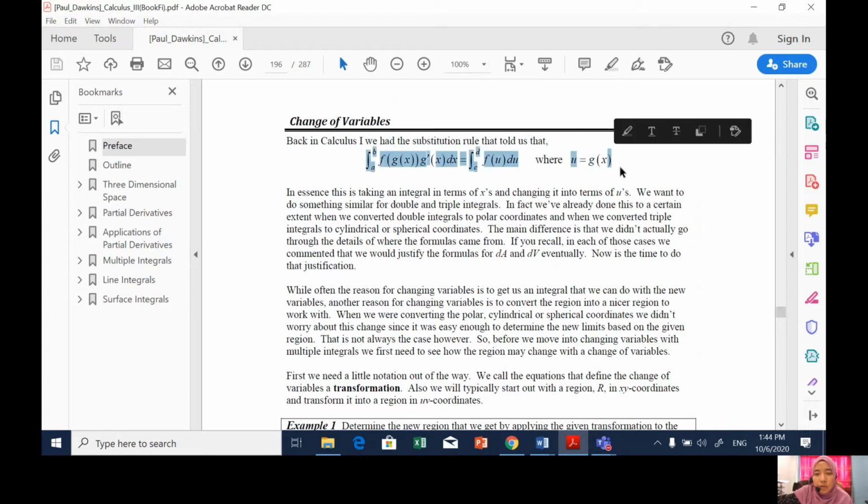So u equals g(x) here is the change of variable.